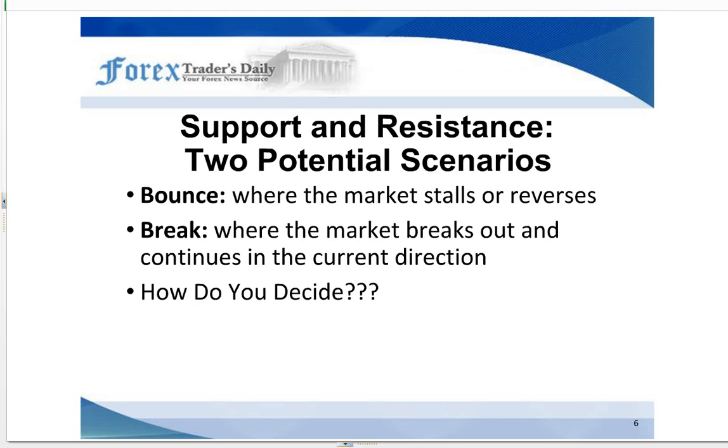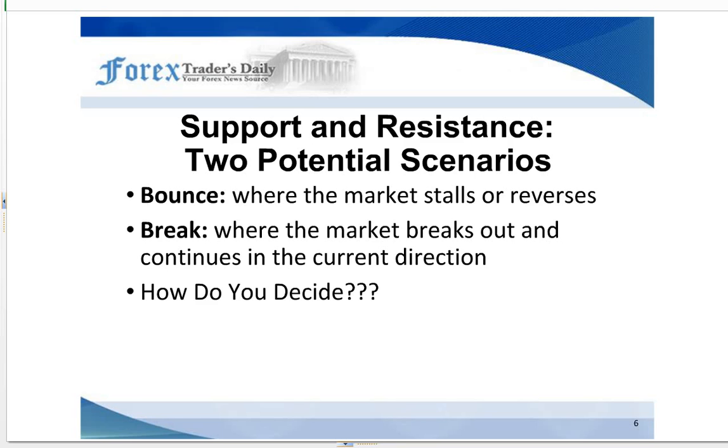And that's really all it boils down to with any type of support, resistance, moving average, pivot point, Fibonacci, anything that recognizes these barriers in the market. There's really two main scenarios. And these are going to be the key decision points that you will need to recognize when you're deciding to take a trade or not.